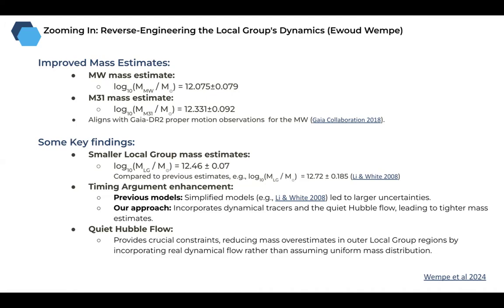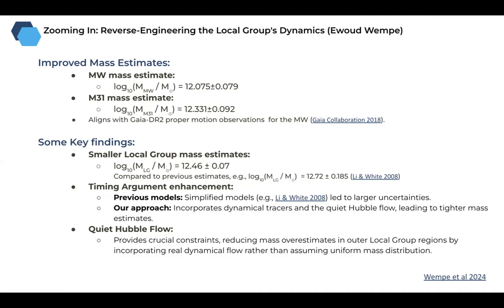Some key findings are that we have a slightly smaller local group mass in comparison to the previous models, which is basically based on the timing argument, where you assume the Milky Way Andromeda pair to be just a two-particle system, and then you use that to estimate the masses of the joint system.